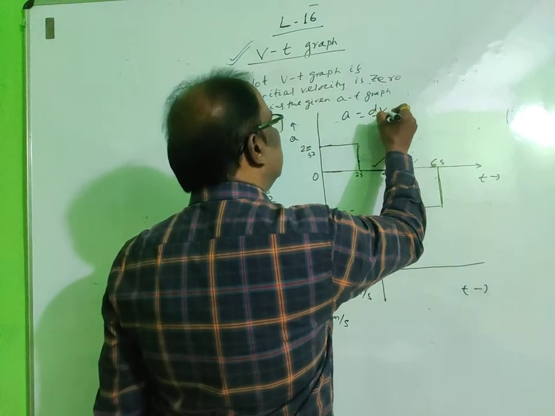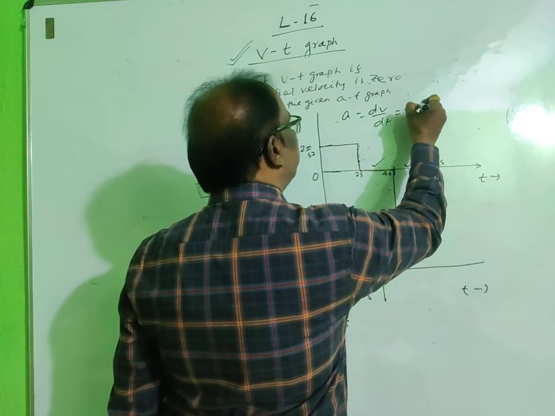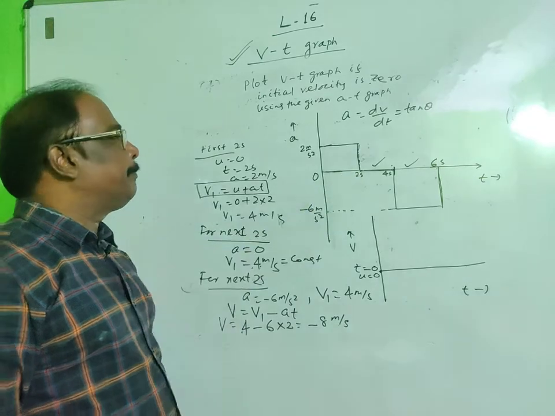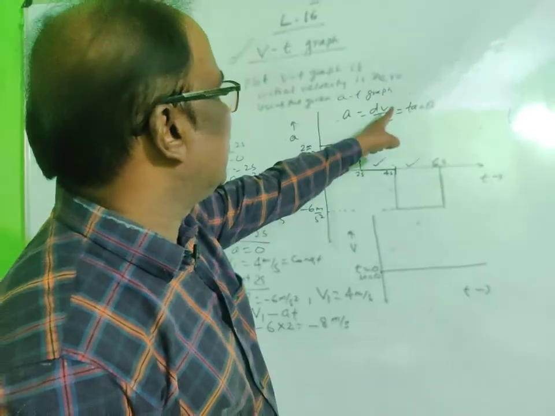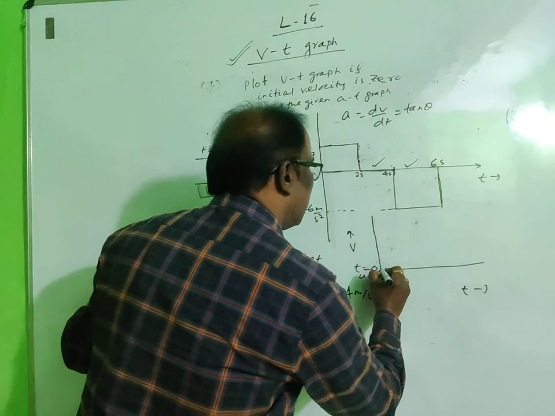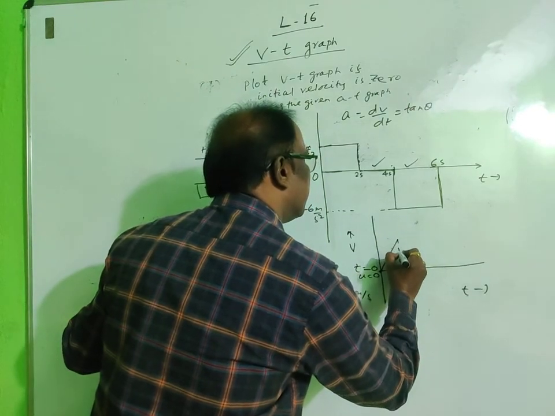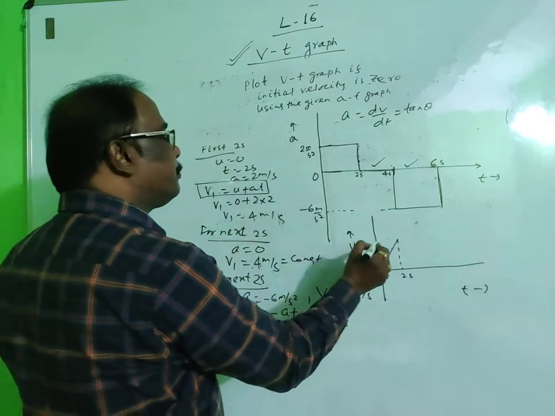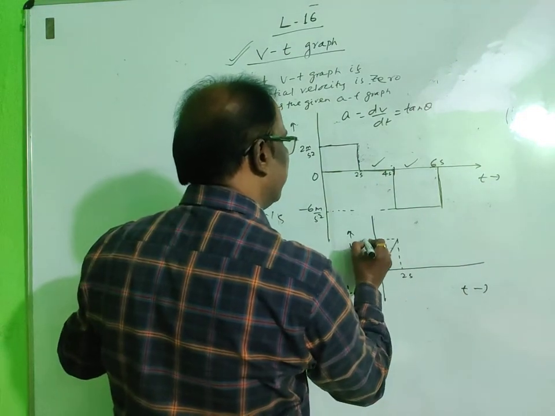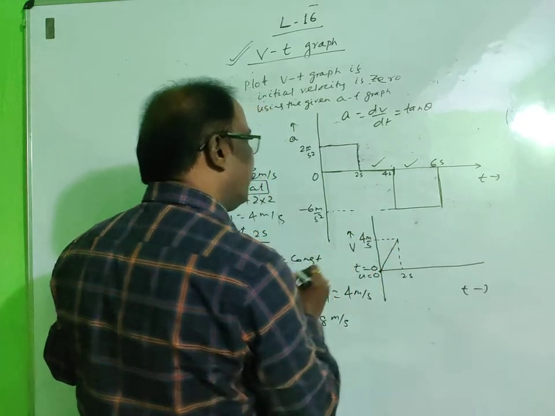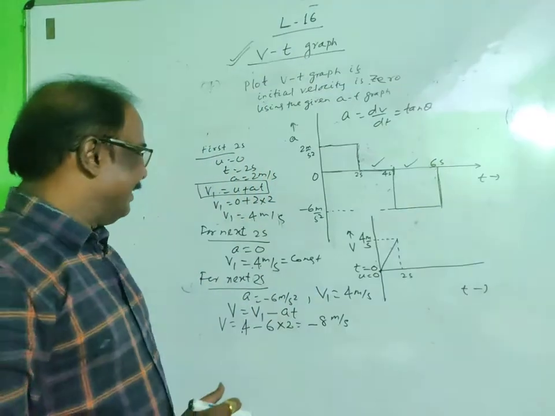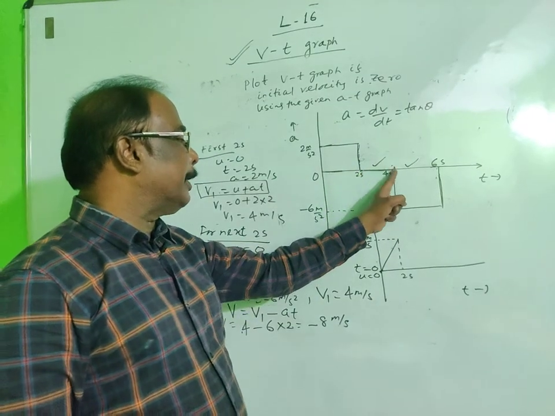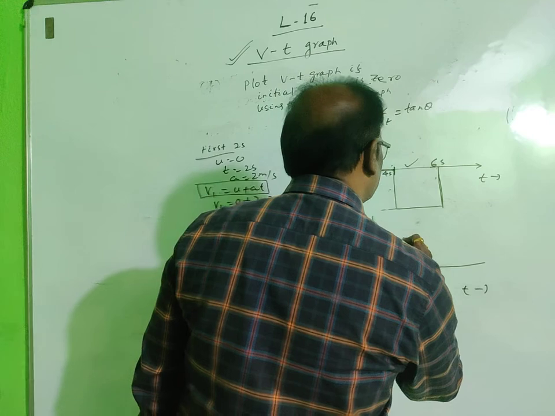Acceleration is equal to dv by dt, that equals tan theta. So acceleration is constant for the first 2 seconds, tan theta is constant, and theta is constant. And final velocity in the first 2 seconds is 4 meter per second. Clear?